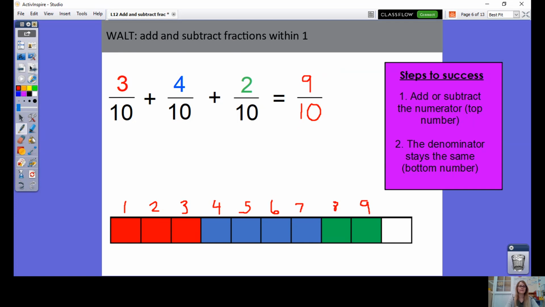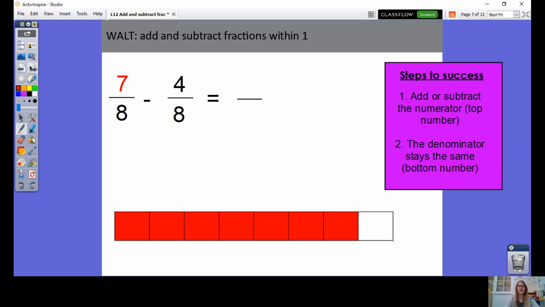Okay, so let's have a look at some examples with subtraction now. So I have 7 eighths minus 4 eighths. So again, I'm going to use my bar model to help me, but we can still follow our steps as well. So I've shaded in 7 parts, 1, 2, 3, 4, 5, 6, 7 out of 8 parts in total, representing 7 eighths.